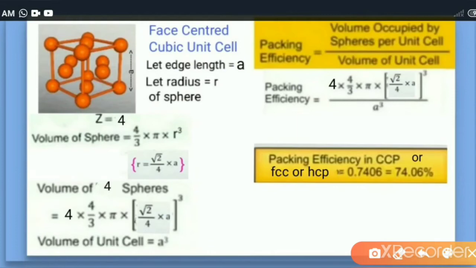So when we find out the number of particles, we'll be getting Z equal to 4. Let A be the edge length, R the radius of the sphere.